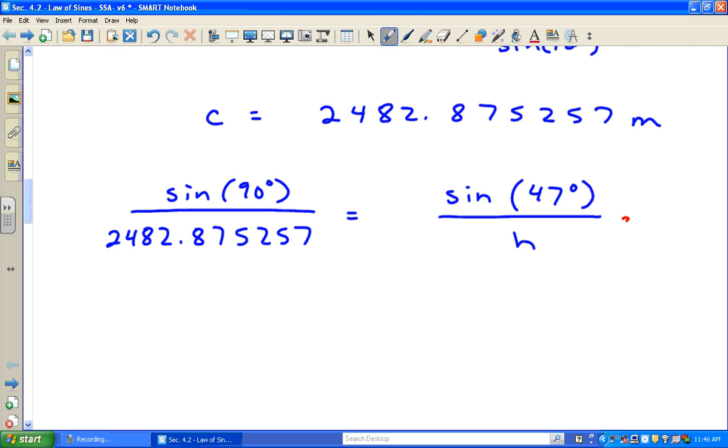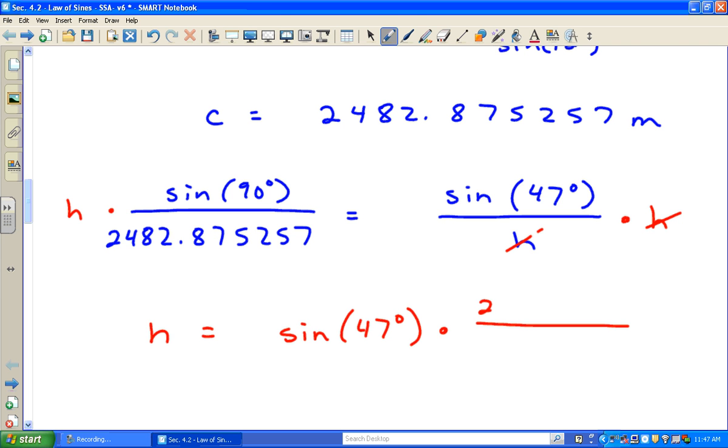Once again, to solve for h, I'll multiply both sides by h, and then I will also multiply both sides by the value that's now behind h. I'm going to skip a step here. So h will equal sine of 47 degrees multiplied by the reciprocal of what was behind h, which was this number, divided by sine of 90 degrees.